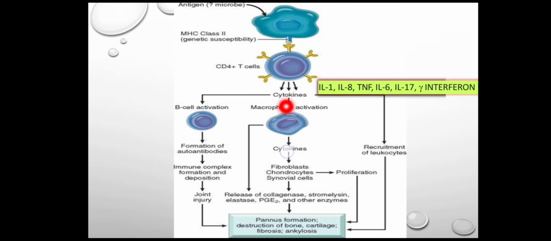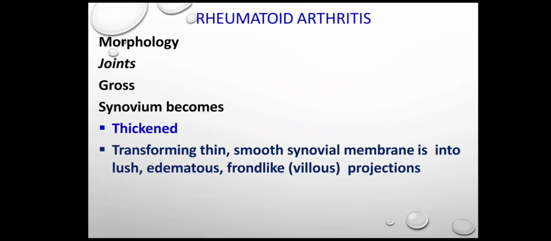These cytokines, when released, will cause macrophage activation, like interferon gamma can cause macrophage activation, leading to proliferation of the fibroblasts, chondrocytes, synovial cells, and release of collagenase, elastase, prostaglandin E2. B cell activation forms autoantibodies, leading to immune complex deposition, then joint injury, and pannus formation, bone destruction, fibrosis. So both represent the same thing.